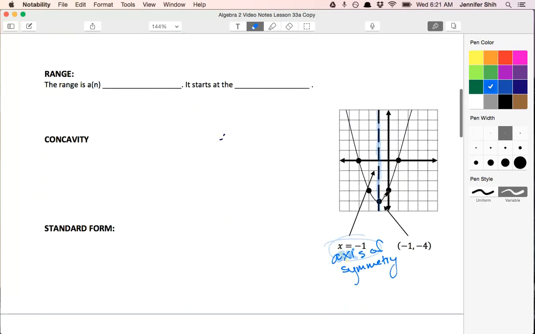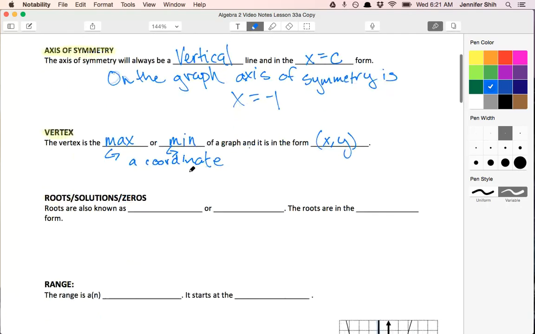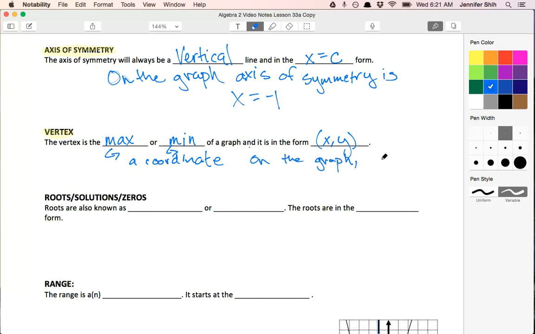In this case, on the graph that you wrote in your notes, the vertex is -1, -4. This vertex we'll talk about in the future, but it tells us a lot of information about maximums and minimums, and in application problems with parabolas, this comes in handy.